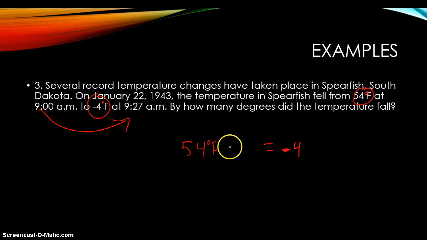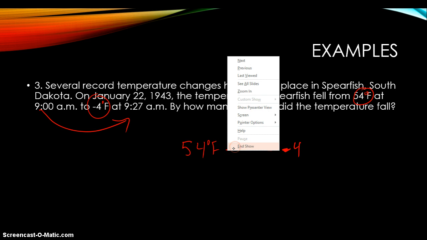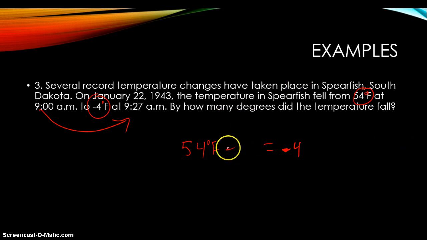So how many degrees did the temperature drop by? So 54 degrees Fahrenheit plus x equals negative 4.